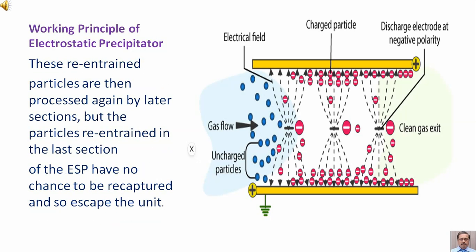These re-entrained particles are then processed again by later sections, but the particles re-entrained in the last section of the ESP have no chance to be recaptured and so escape the unit.